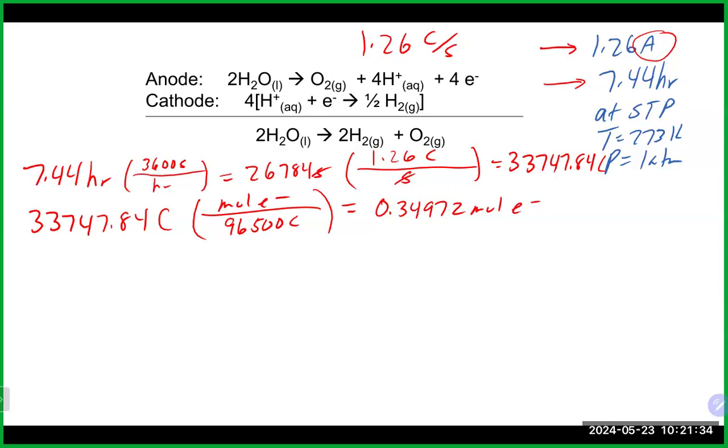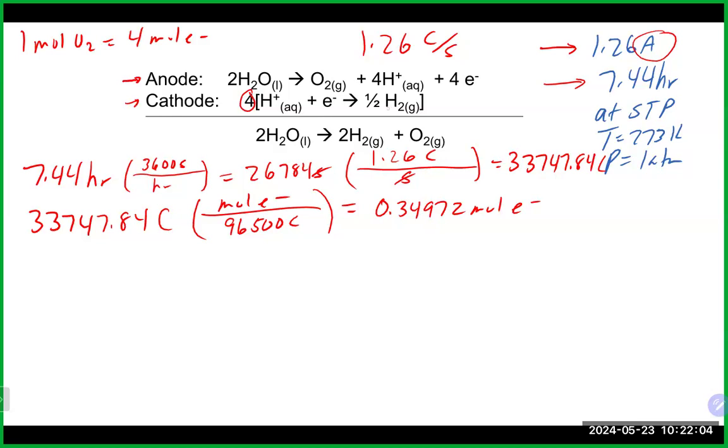Since we're looking for both gases, we have to go to both half reactions. We'll start with the top one, which is our anode, and that is our oxygen. Looking at this one, for every 1 mole of oxygen gas we get 4 moles of electrons. We could also look at our cathode, where there is a 4 on the outside.